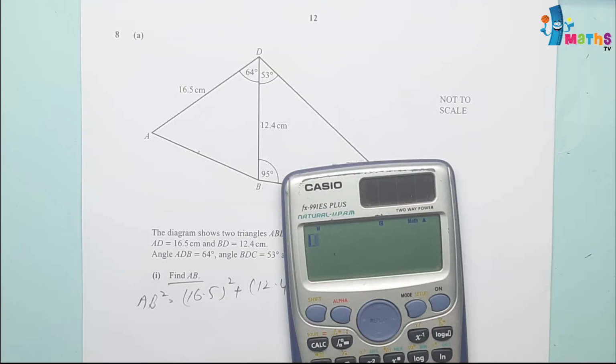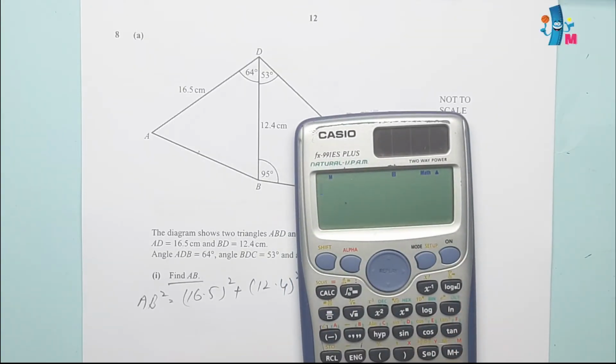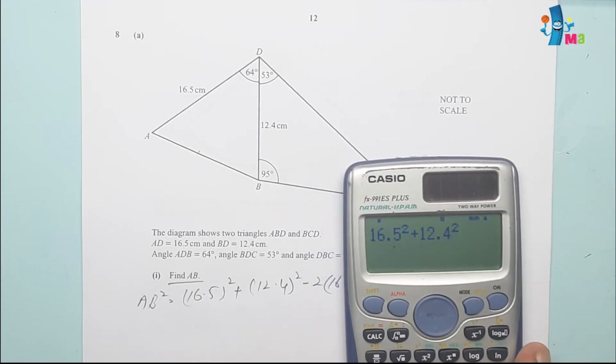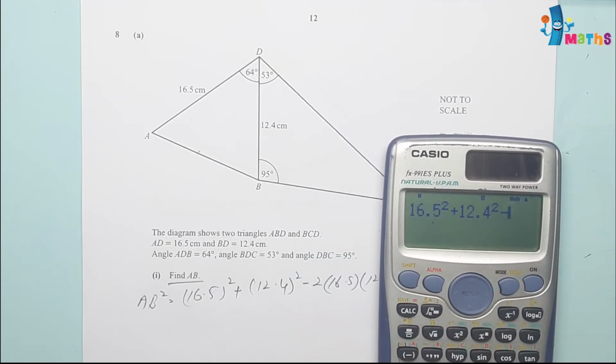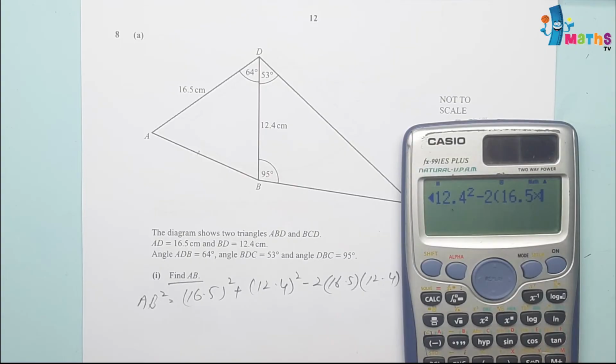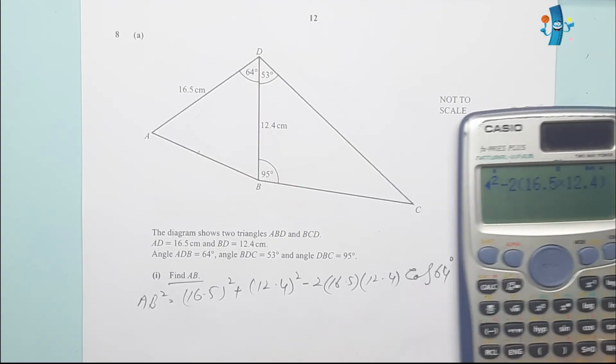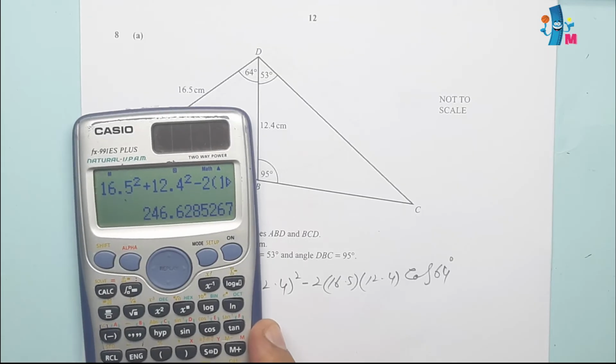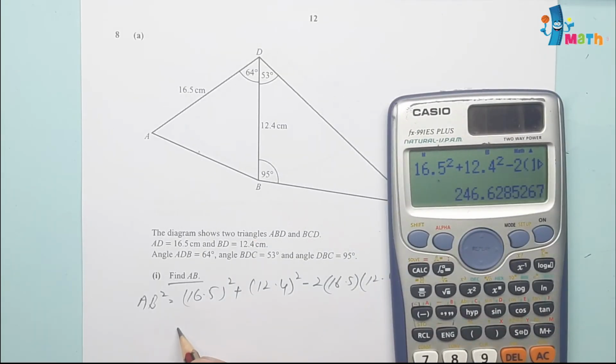We will have to calculate, and this will be 16.5 squared plus 12.4 squared and minus 2 into 16.5 multiplied by 12.4 and cos of 64, and this is equal to 246.628.